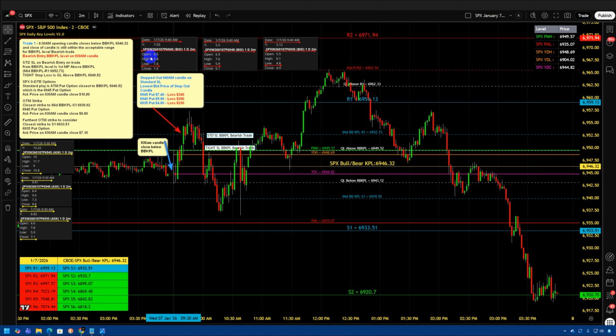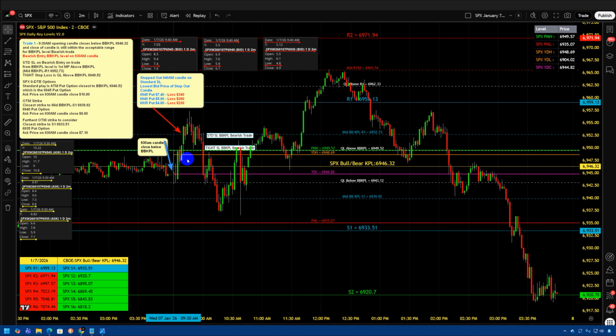However, it's best to look at it as the worst case scenario. So here, the 69.45, worst case scenario low of the candle, 7.40. 69.40 was $5.90 low candle, and the 69.35 was $4.80. So the 69.45, we have a loss of $340 per contract, 69.40 a loss of $290 per contract, and the 69.35 a loss of $230 per contract.